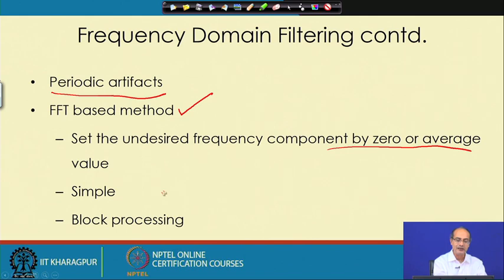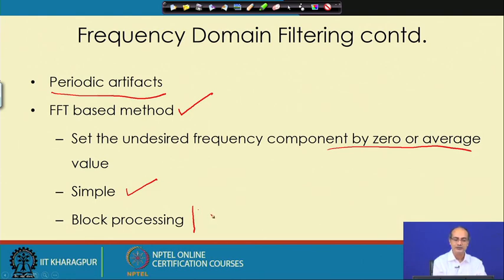Now, the biggest advantage of it is that it is simple, but it has one special characteristic: it is a block processing technique. It needs a block of signal to do this operation.